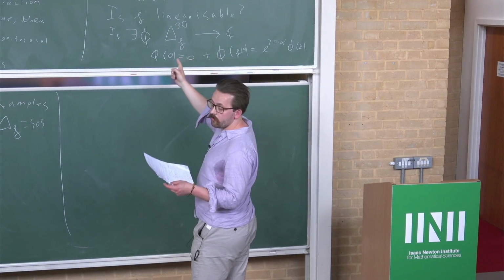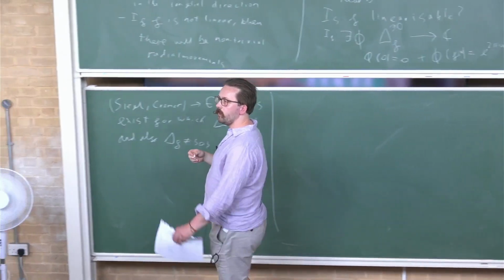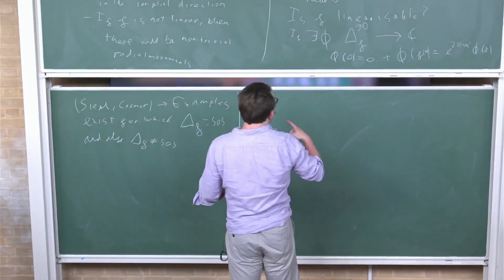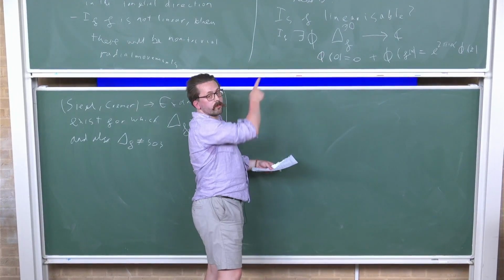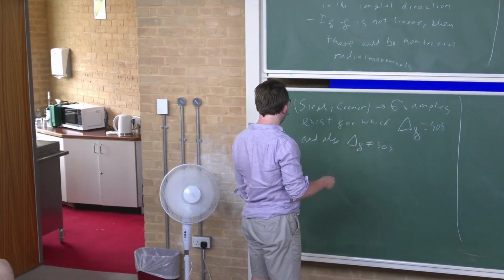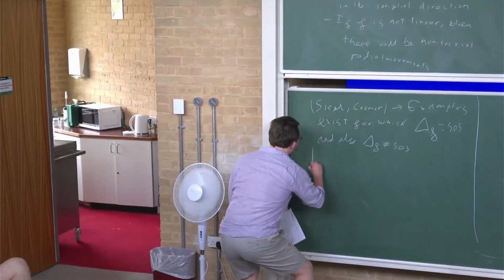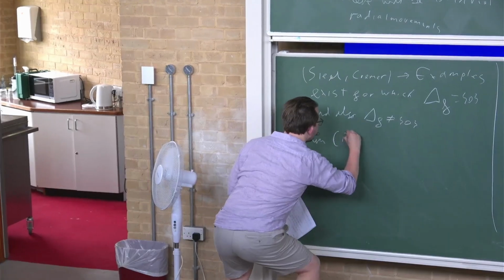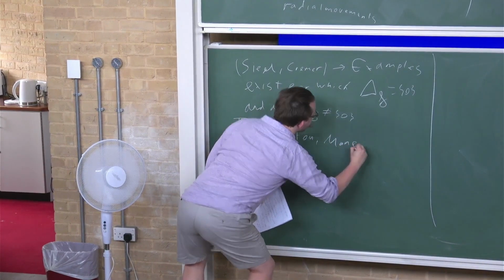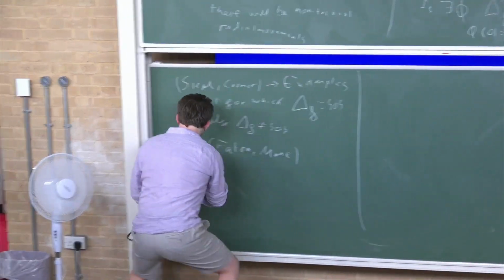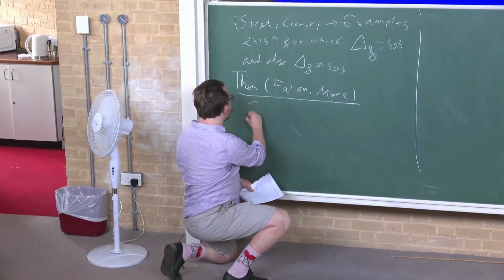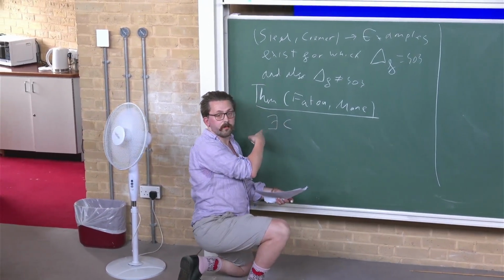When it is linearizable, you can understand the dynamics of points within this set very well. But then maybe there are other points outside of this set which also stay close to 0. So how can you understand the dynamics of those? In particular, there is a theorem by Fatou and Montel, well, not a collaboration, but a combination of theorems by them, that for all such examples there exists a special critical point, which I'm going to denote by c for the rest of this talk.